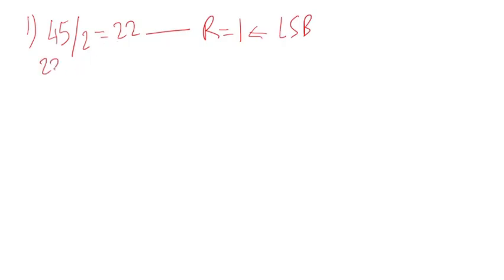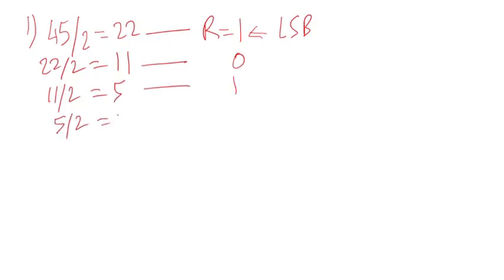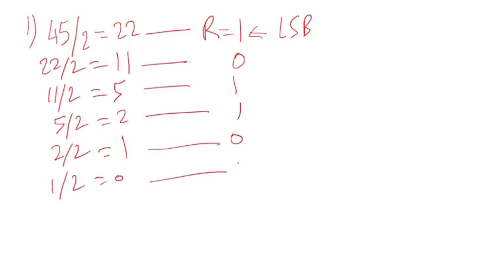Then 22 divided by 2 is 11, the remainder is 0. 11 divided by 2 is 5, the remainder is 1. 5 divided by 2 is 2, remainder of 1. 2 divided by 2 is 1, the remainder is 0. 1 divided by 2 is 0, the remainder is 1. And this is the most significant bit.